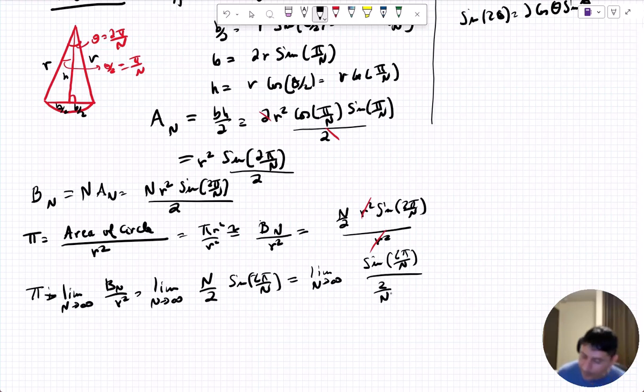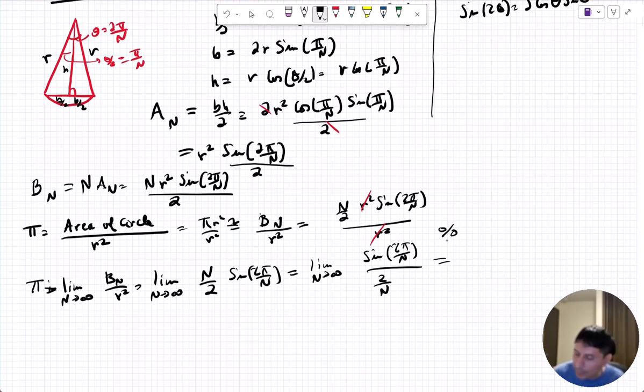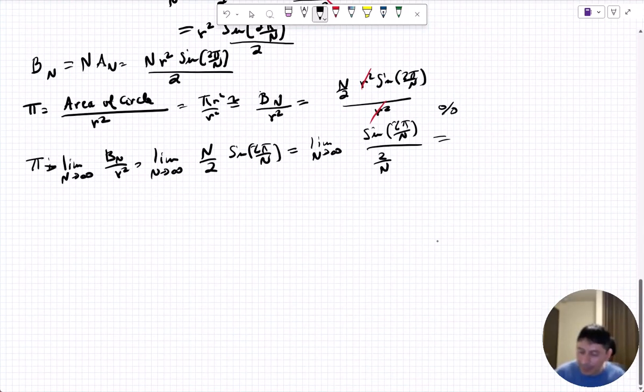So once again, this limit is of the form 0 over 0, because as n goes to infinity, the numerator goes to sine of 0, and the denominator goes to 0. So we can use L'Hopital's rule to calculate the limit.